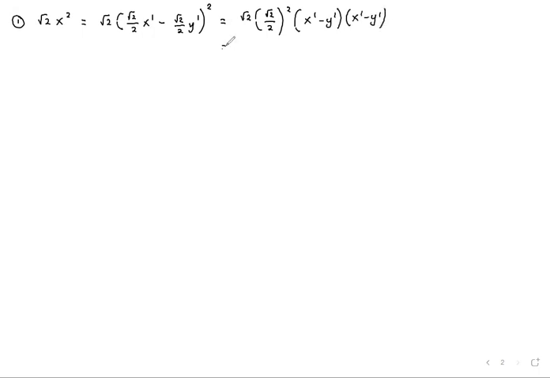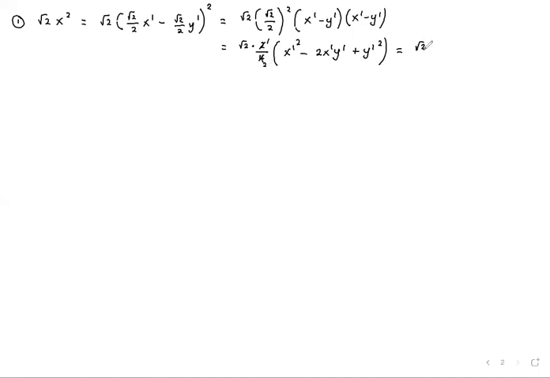A good one. So root 2 squared is 2. So we have root 2 over 4. And then x prime squared minus, then just put 2 because we multiply twice, and then plus y prime squared. So that this one here can be reduced.